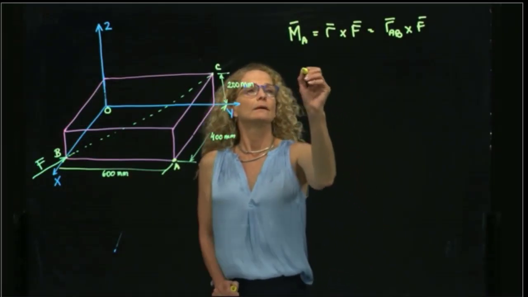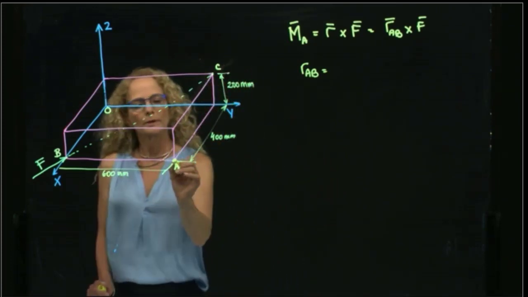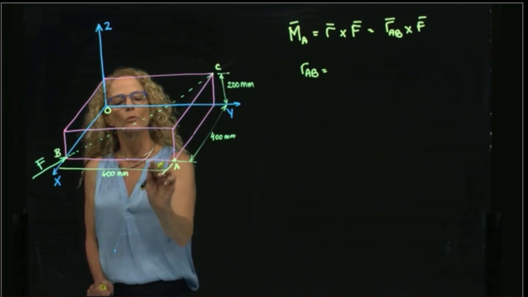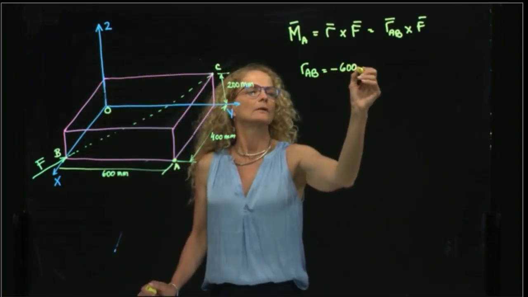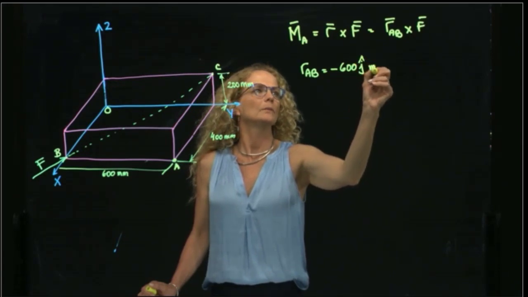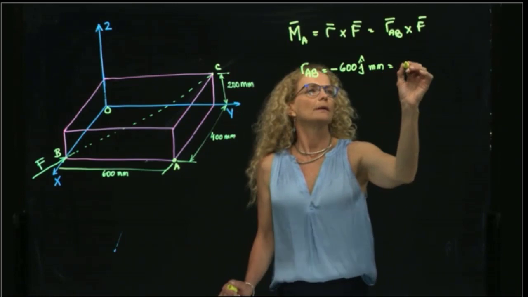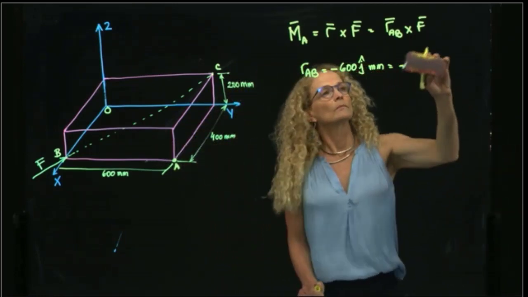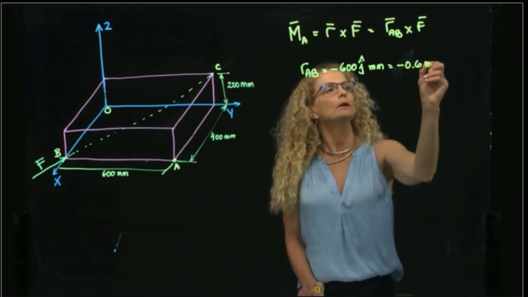As we see, the vector AB is from here to here. This line over here is parallel to Y, so it will be negative 600 j millimeters, or, which is the same, negative 0.6 meters.